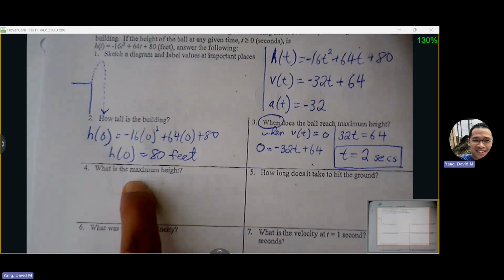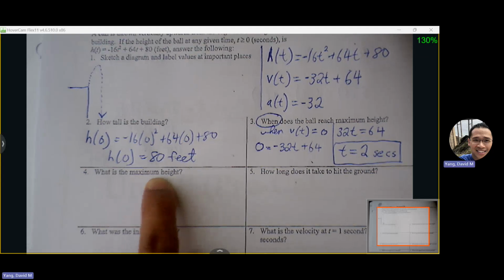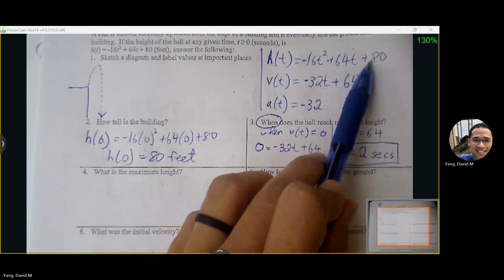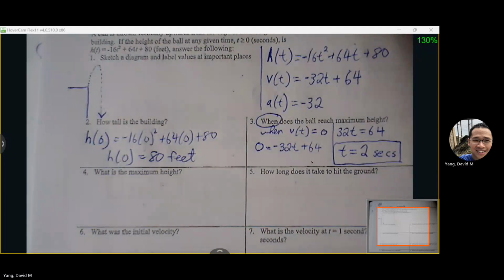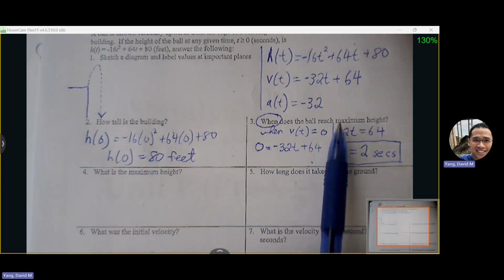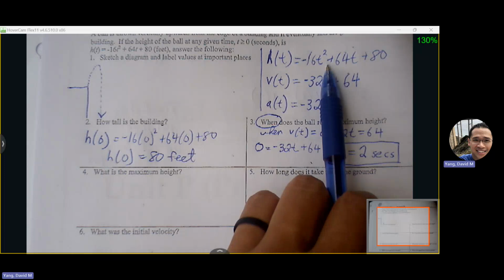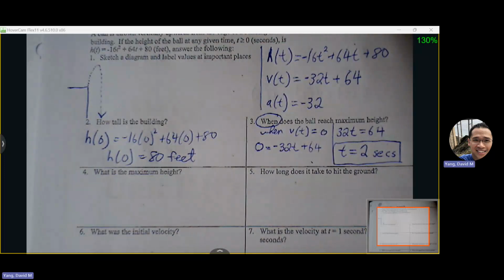So now, next question is, what is the maximum height? We want to find maximum height, so we got to use the position or the height function. What can we plug in for t to find the maximum height? 2, right? Because we know how long it took to get to the top, to get to the peak. So we can just plug 2 into the height position function and figure out what is the height of the ball 2 seconds after the ball was thrown.